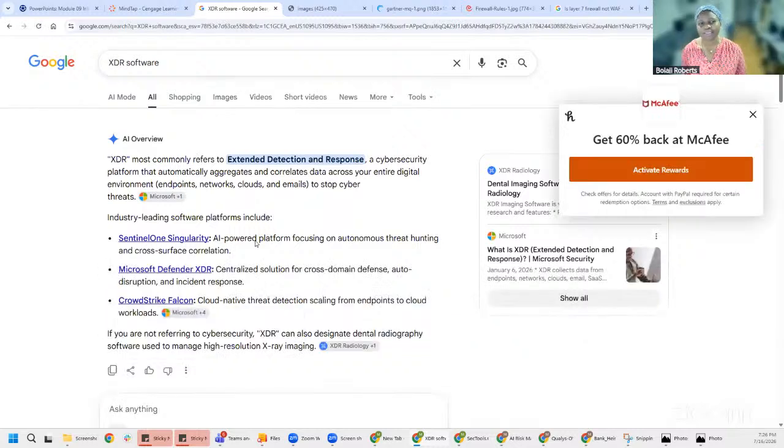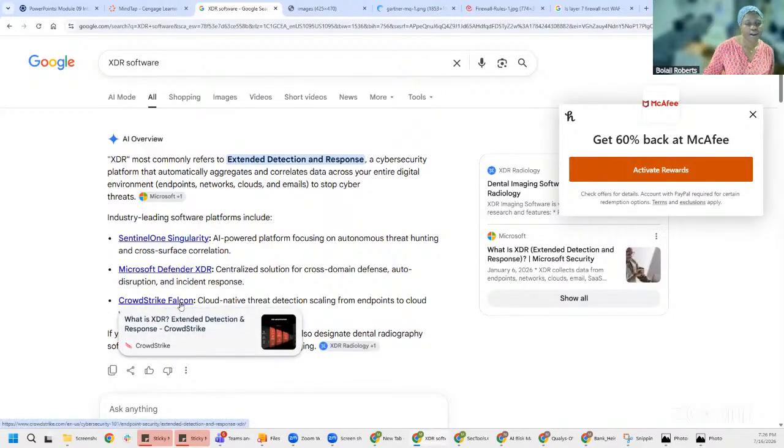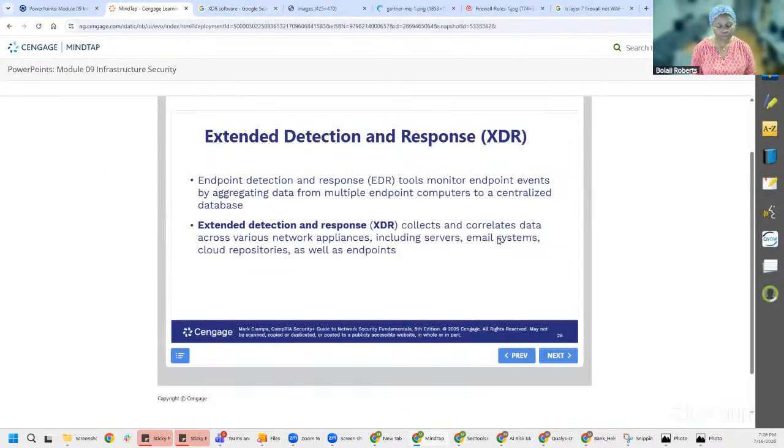CrowdStrike. Come on, CrowdStrike. They also have EDR and XDR. CrowdStrike is one that I know is really popular. What does it do?